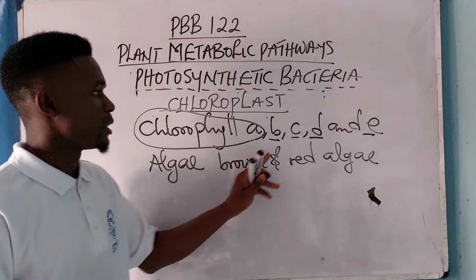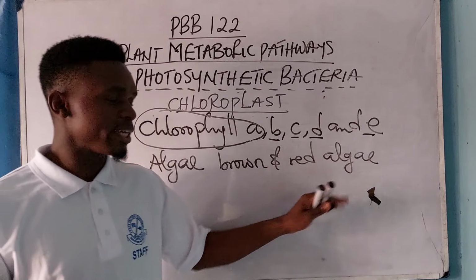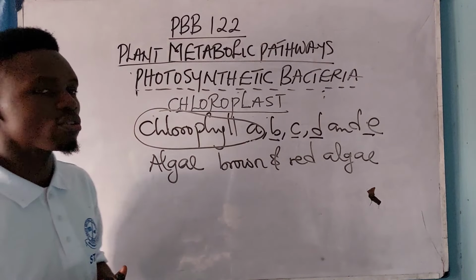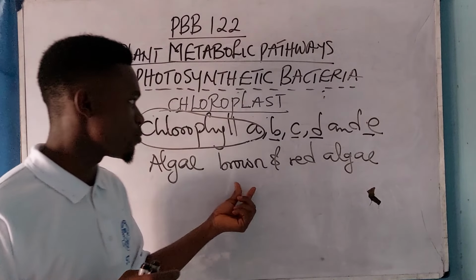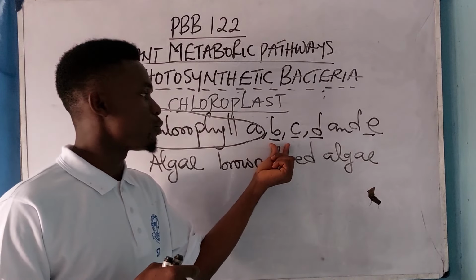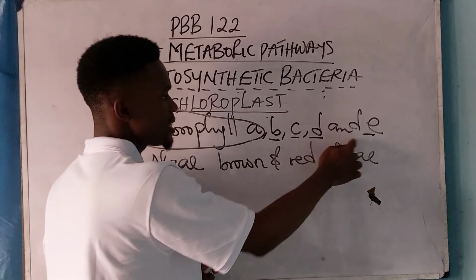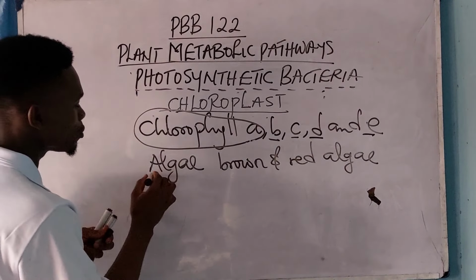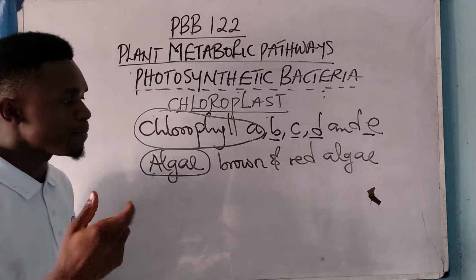They will ask you, in which of the following organisms is chlorophyll B not found? Brown and red algae as well as cyanobacteria lack chlorophyll B. Chlorophyll C, D, and E are found in algae only. It is very, very important.